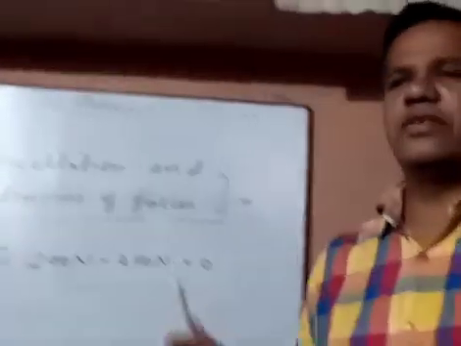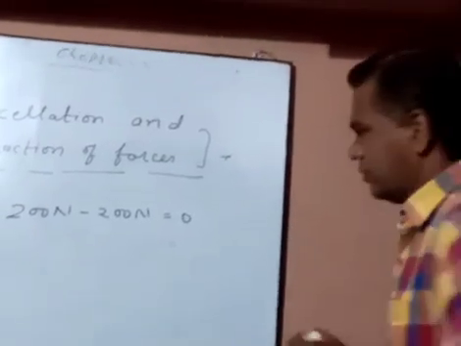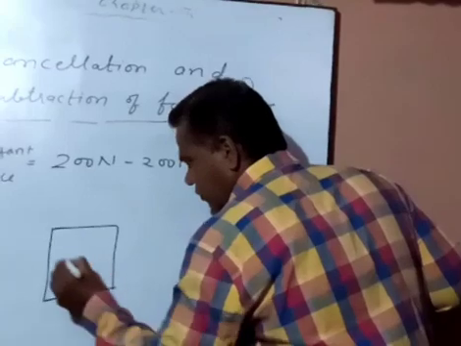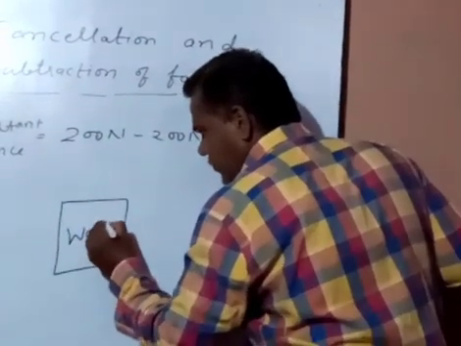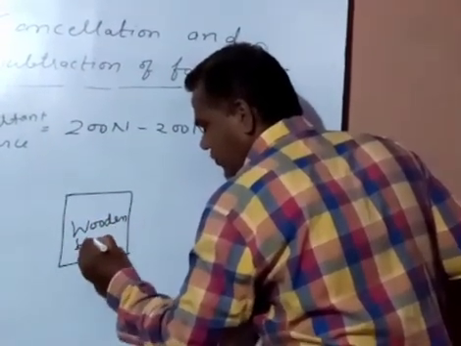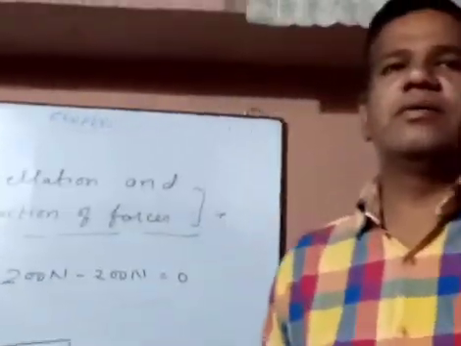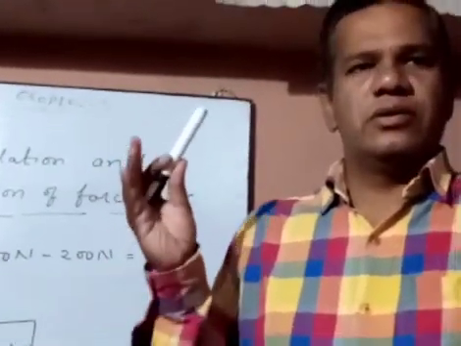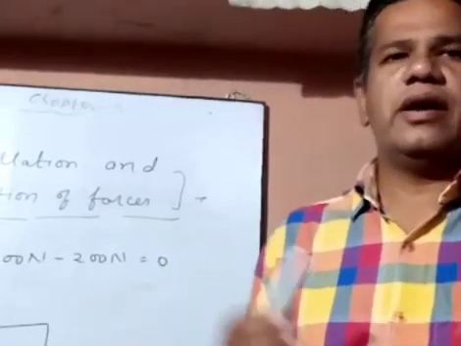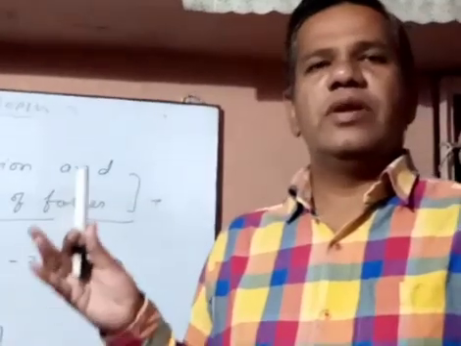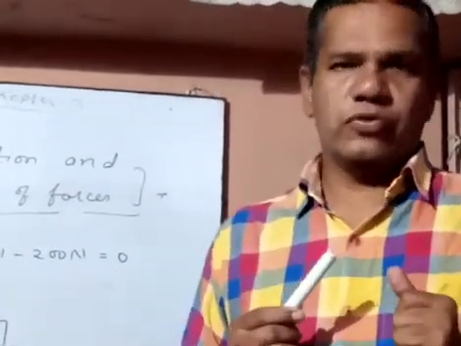Now we consider a wooden block. At one end we apply 300 Newton force and at the other end we apply 200 Newton force.